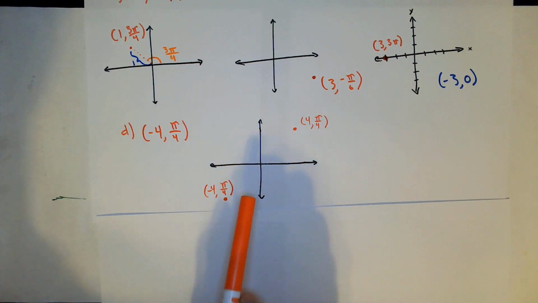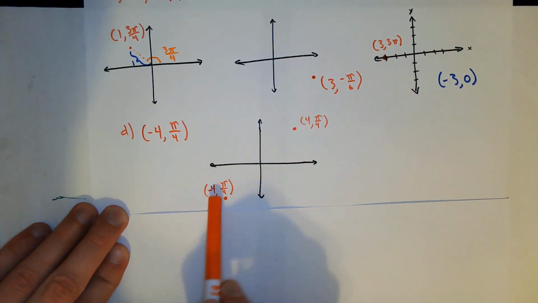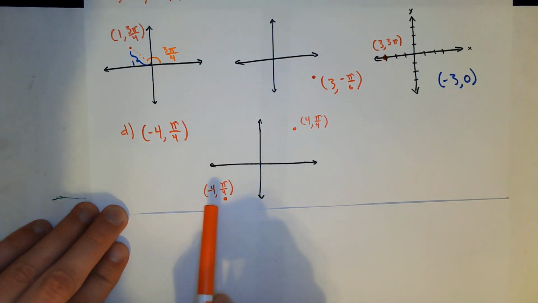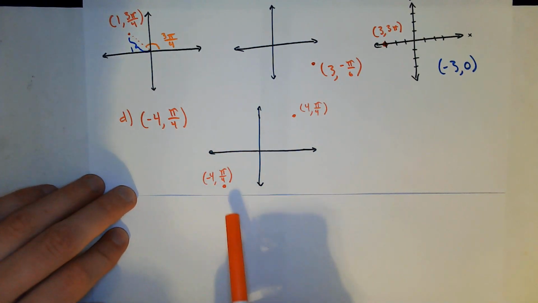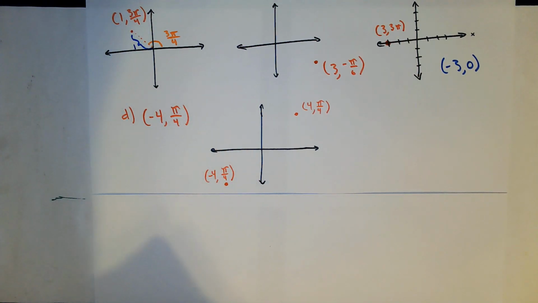Okay, so just to make it clear, this is the answer, right down here at the opposite of the pi on 4 angle, a distance of 4 away from the origin.